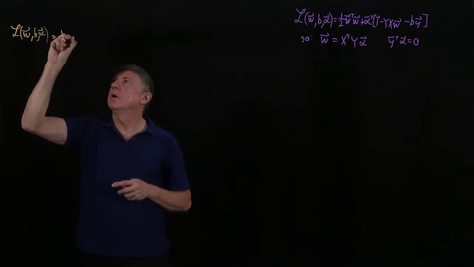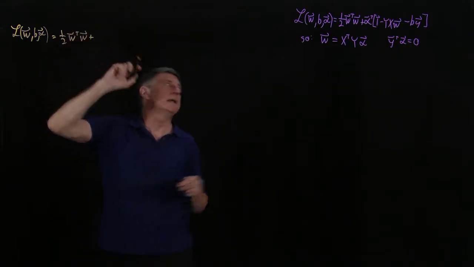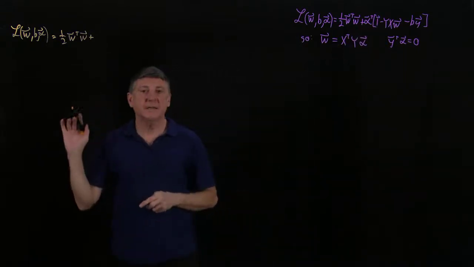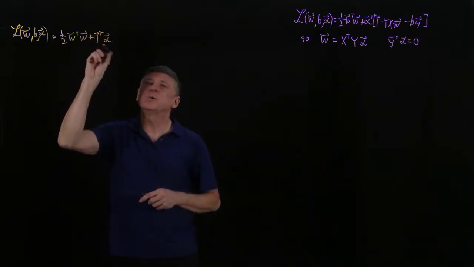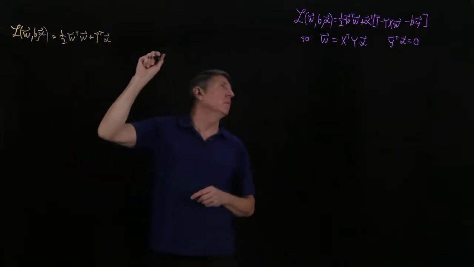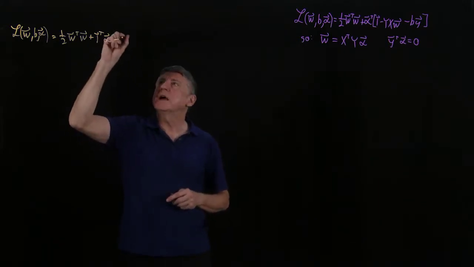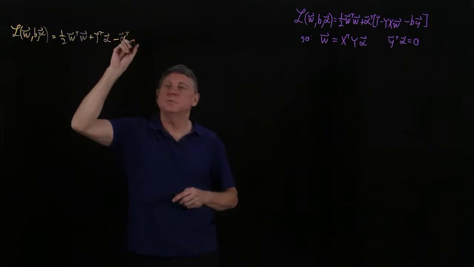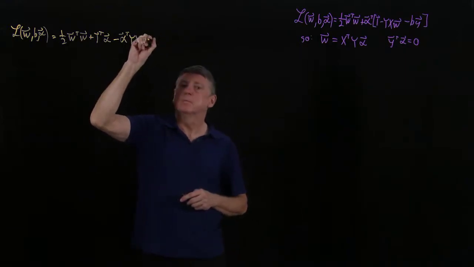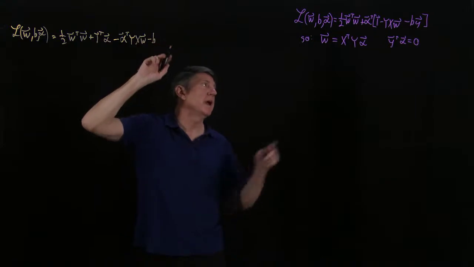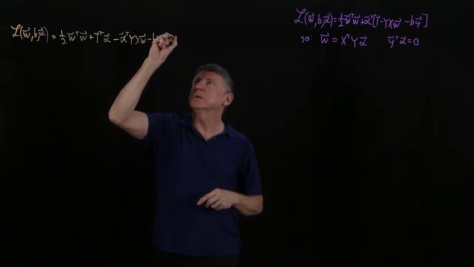So that is 1/2 of W transpose W, that's our objective function, plus, instead of using alpha transpose 1, because I'm anticipating the dual formulation, I'll rewrite that as 1 transpose alpha, minus alpha transpose YXW, minus B times alpha transpose Y, which is the same as Y transpose alpha.